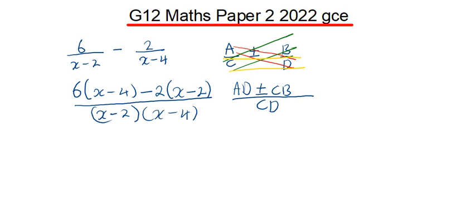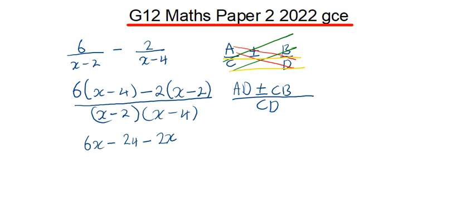So we can expand this. In itself this is correct, you can leave it like that, but the question is asking us to break it down to its simplest form. So you're going to have your 6x here minus 6 multiplied by 4, that is 24. Minus, so this is going to be 2x.